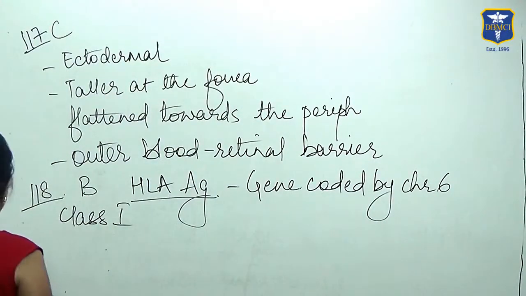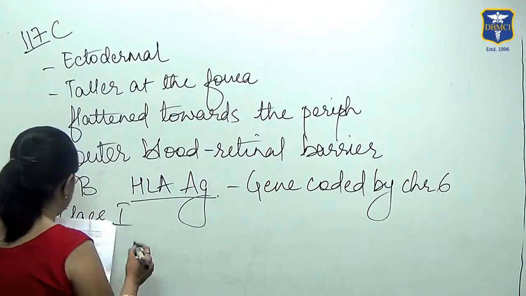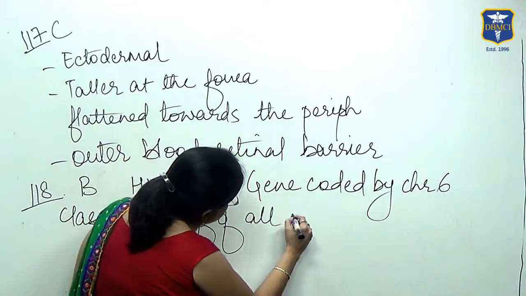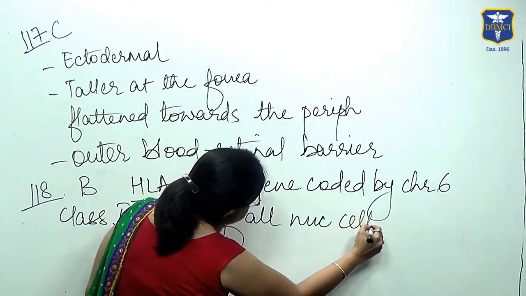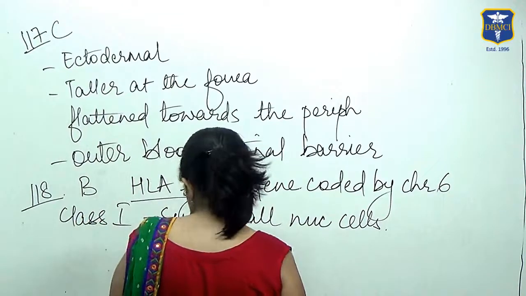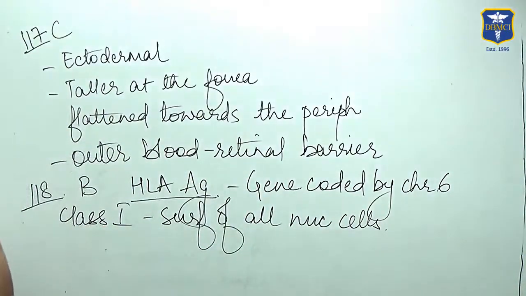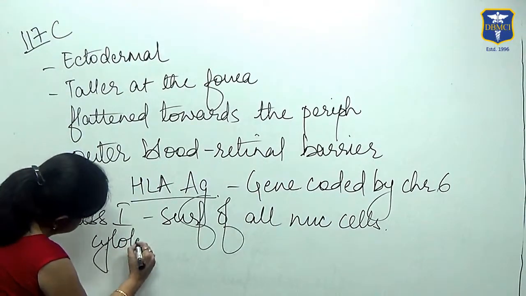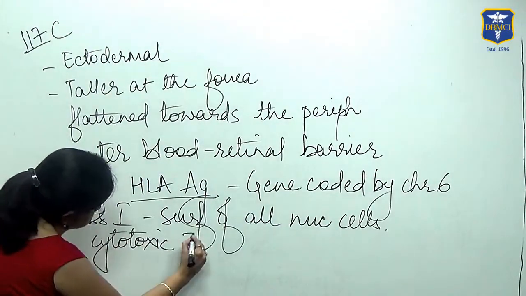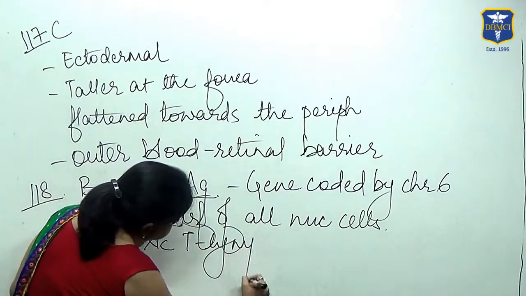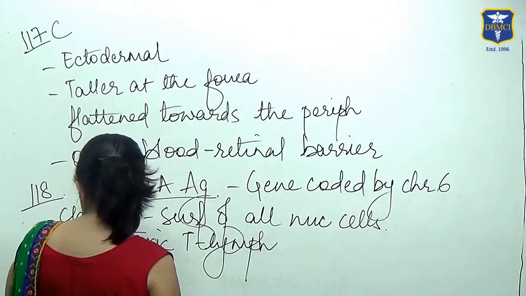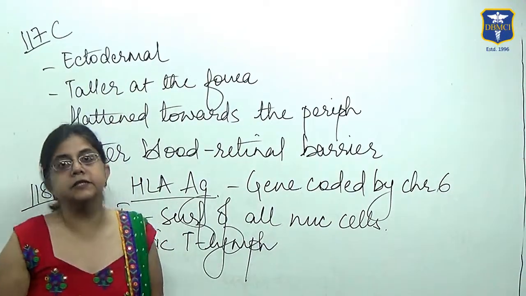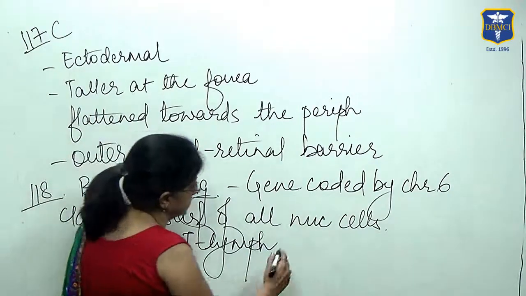The class 1 antigens are seen on the surface of all the nucleated cells. They allow the cytotoxic T lymphocytes to recognize the virus-infected cells and eliminate them.